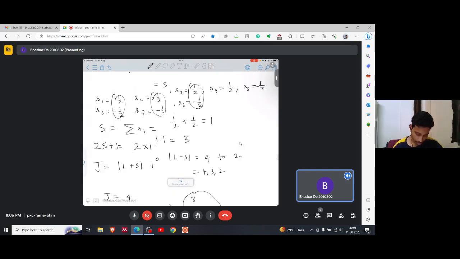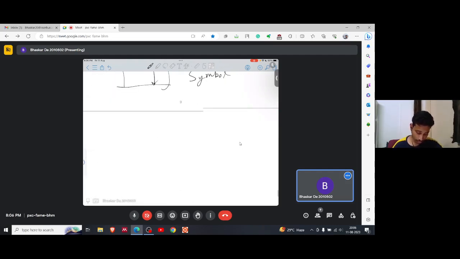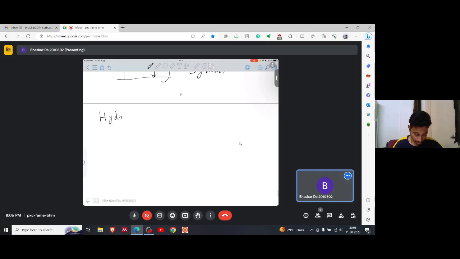So now I can write down some spectroscopic term symbols for the ground state atoms. Hydrogen is 2S1/2, helium is 1S0, lithium is again 2S1/2, beryllium is 1S0.